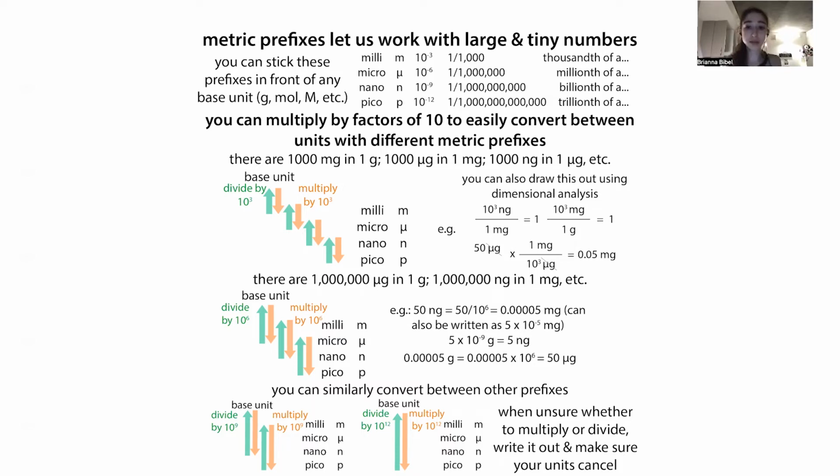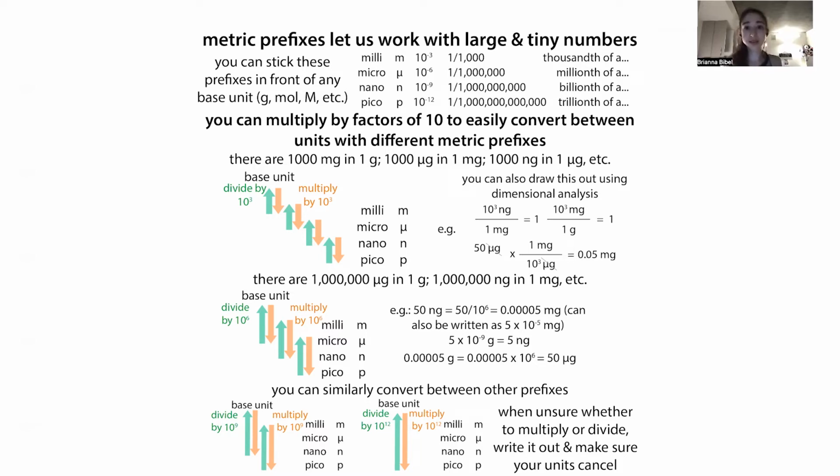But then we can also be converting between these different units. Because they're all spaced out by 1,000, we can convert between them by going by 1,000 and between them to the base, and then by whatever the number in front is. So I think it's easier to just explain it with examples.